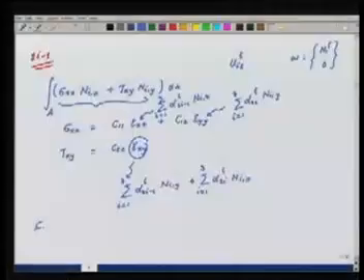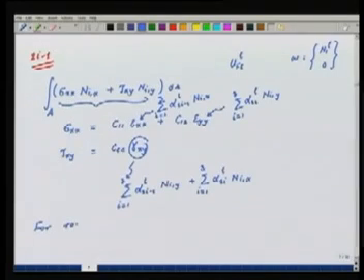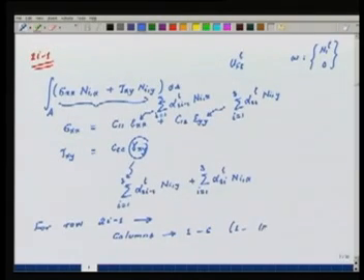For row 2i minus 1, the columns will go from 1 to 6 in this case, or in the general case 1 to p plus 1 into p plus 2.